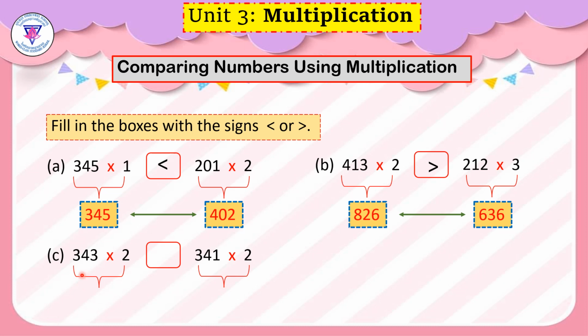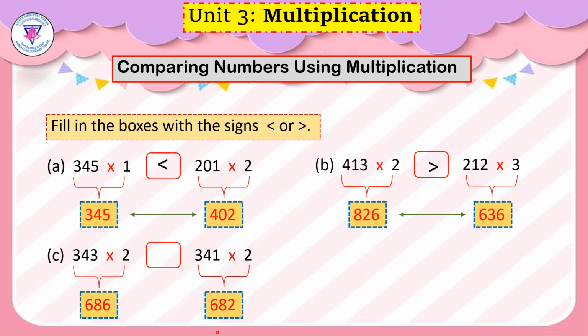So the given number is 343 multiplied by 2, and the other one is 341 multiplied by 2. So the answer is 686 compared to 682. So take a look this answer. 6 and 6, they are the same, right?